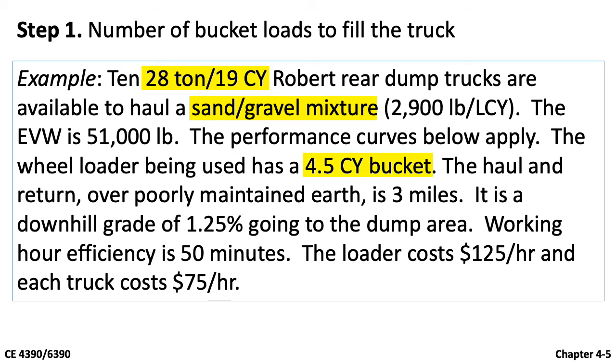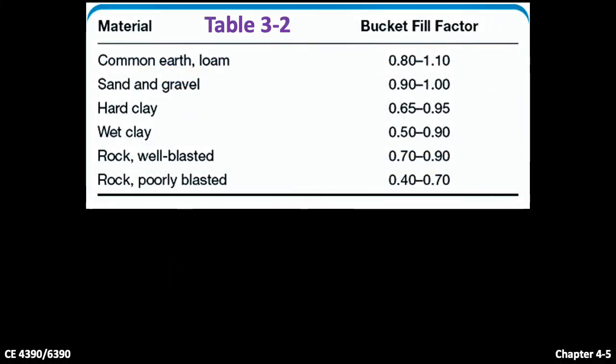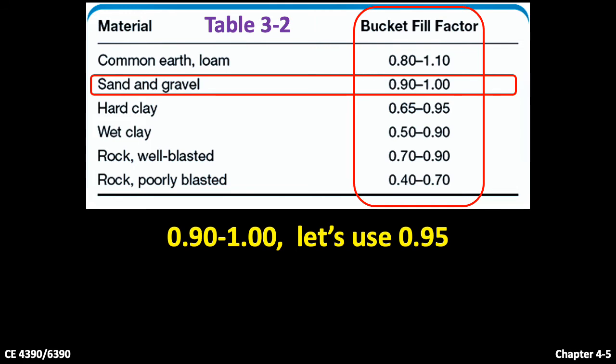Remember that we need to adjust the bucket volume using the fill factor corresponding to the material type, so we can use Table 3.2 to find the fill factor. For a sand and gravel mixture, the bucket fill factor ranges from 0.9 to 1, so let's use the average value, which is 0.95.